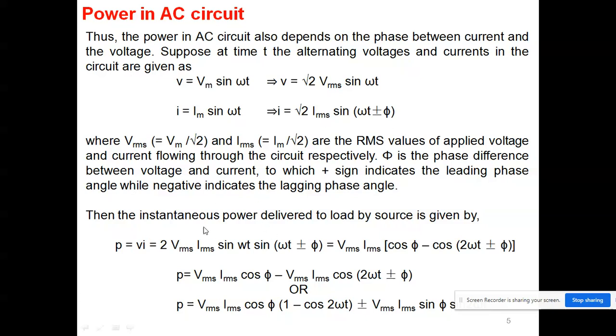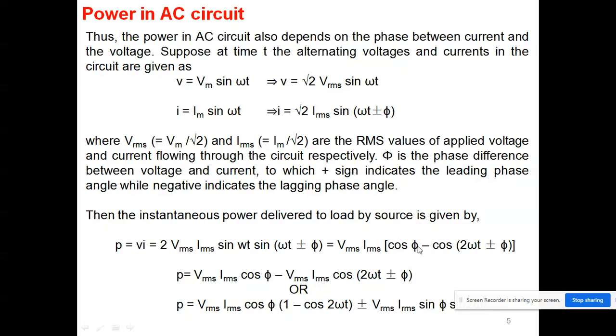Then I am calculating the instantaneous power delivered to the load. You put these values and you see it is nothing but sin A sin B, and you know sin A sin B equals half of cos(A minus B) minus cos(A plus B). I use that and achieve this term.